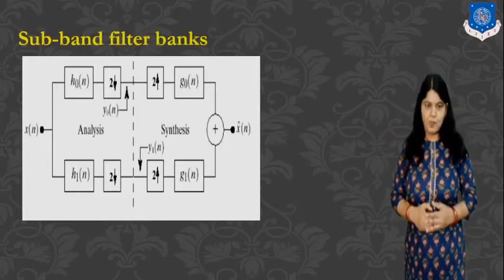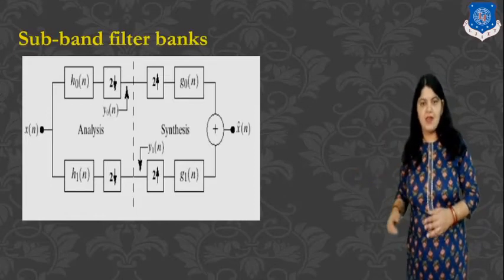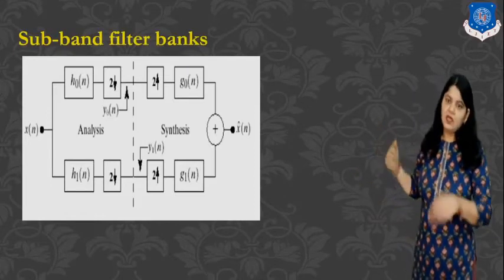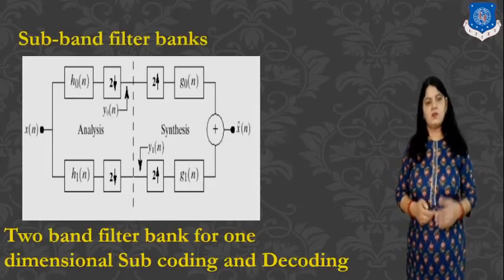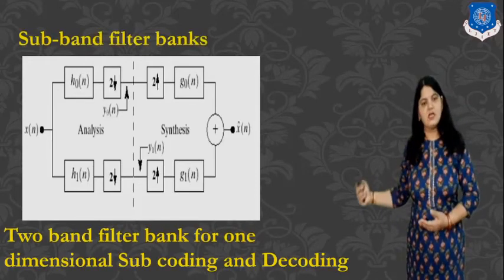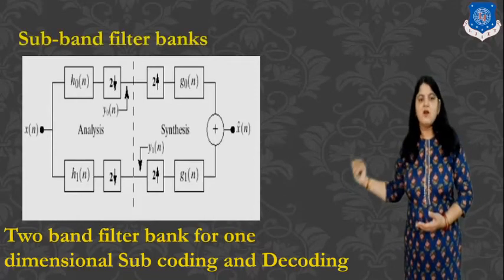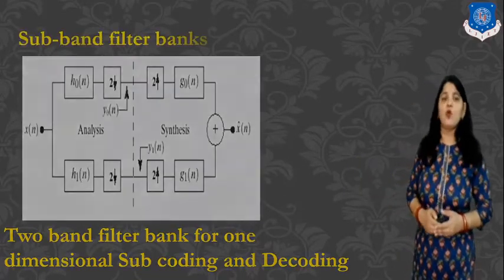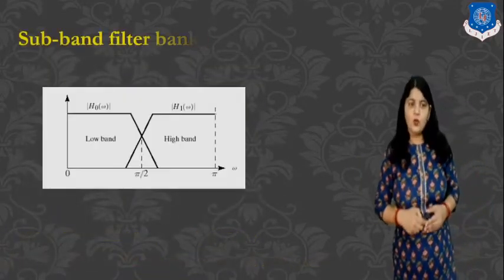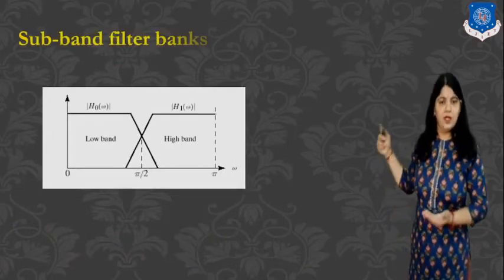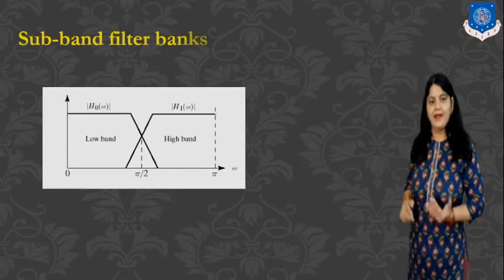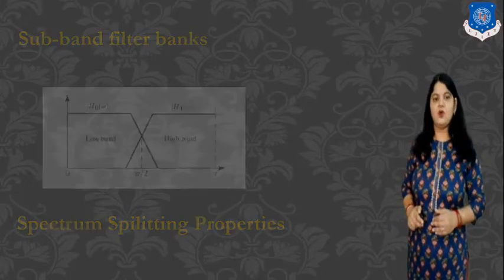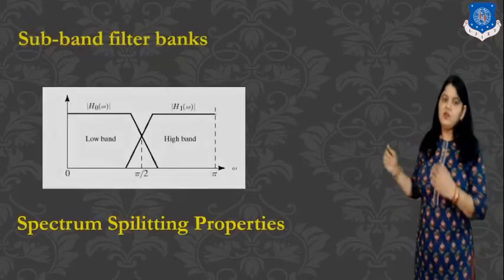Similarly h1 of n. Here the 2 band is shown, and in the same way a 4 band filter bank exists. So this is the 2 band filter bank for one-dimensional subband coding and decoding. Now here we can decompose the low band and the high band, which is shown in the form of spectrum splitting properties.